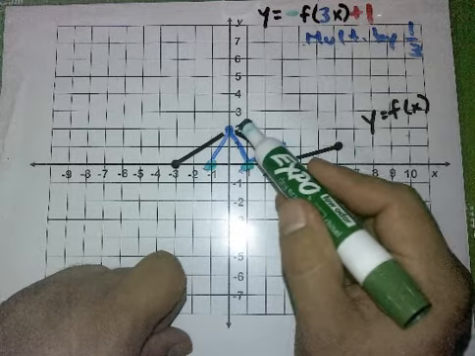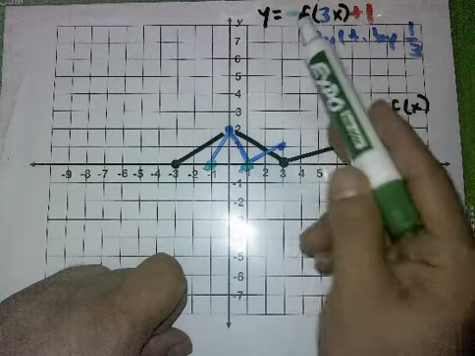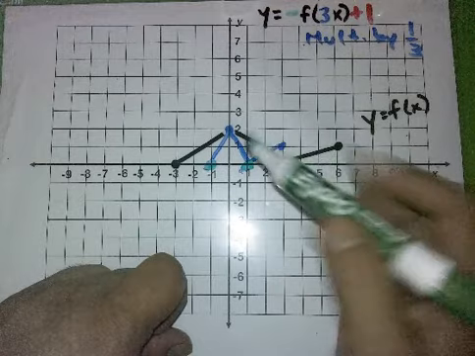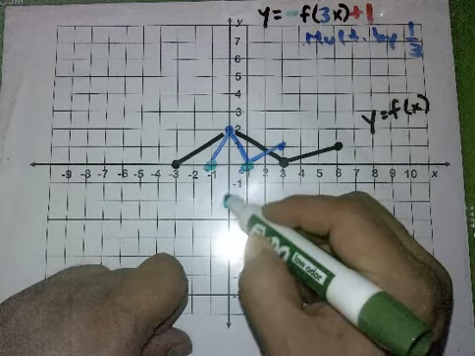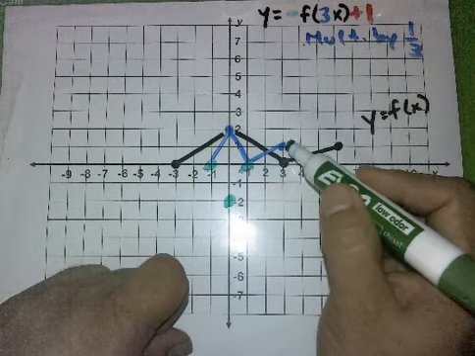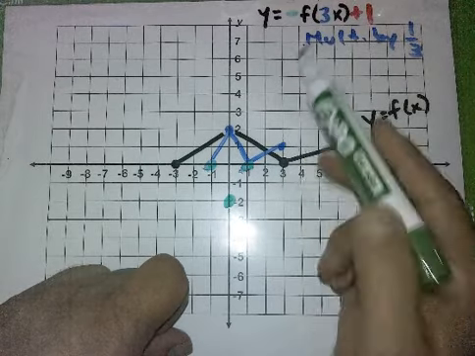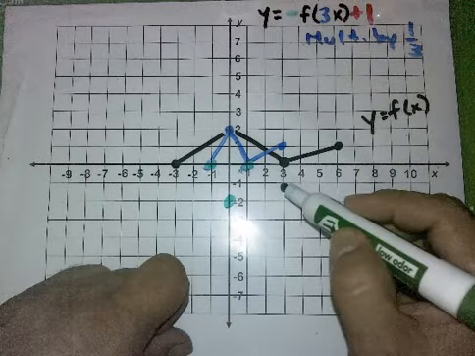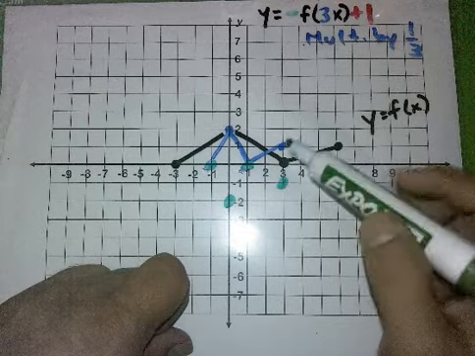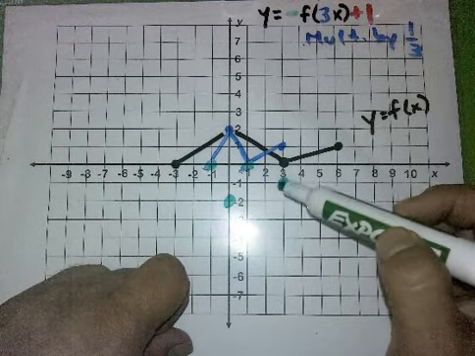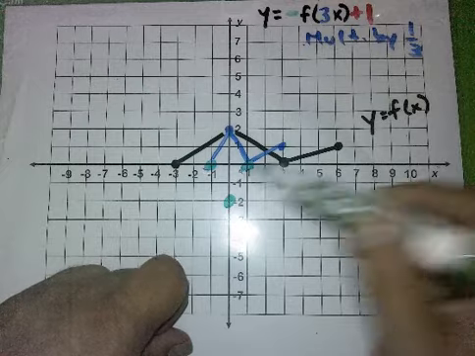So if we multiply by -1, we take this 2 and multiply by -1, which is going to make it -2, which is going to be down here. Here our value of y is 1. If we multiply by a -1, our value now becomes -1, which is down here. Notice that we've taken this point and brought it over here, which is a direct reflection about the x-axis.